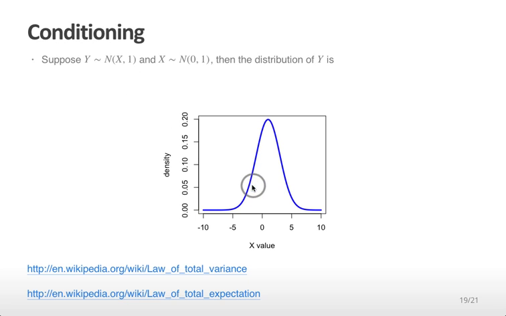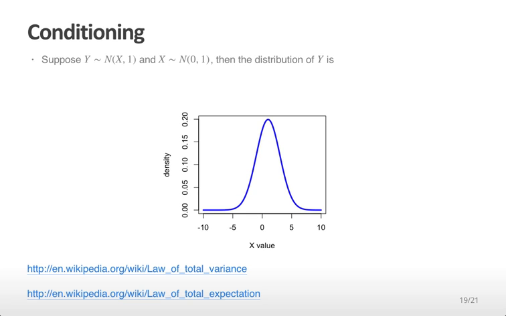And the reason why is because this includes both the variability from y and the variability from x. So conditioning would remove some of that variability by assigning x to be a specific value. To learn more about these properties, you can see these two links to Wikipedia on the law of total variance and the law of total expectation.